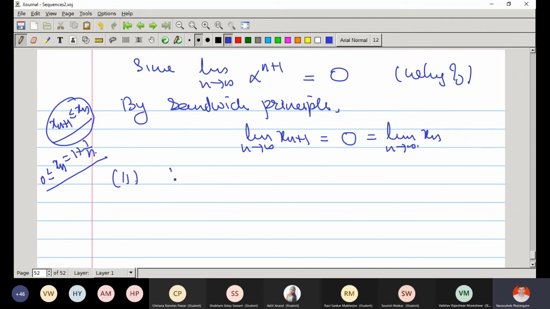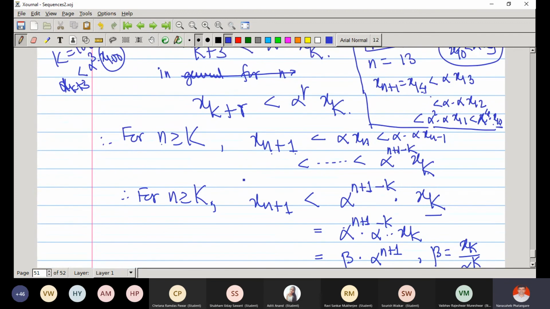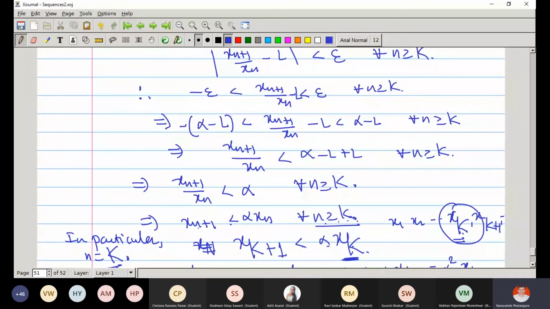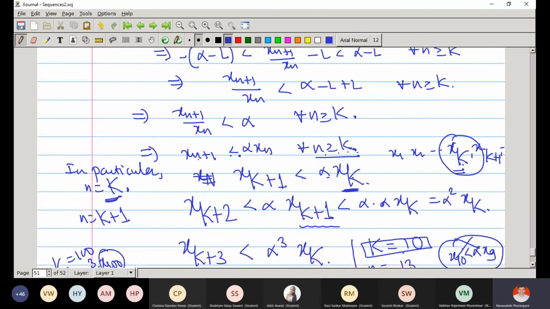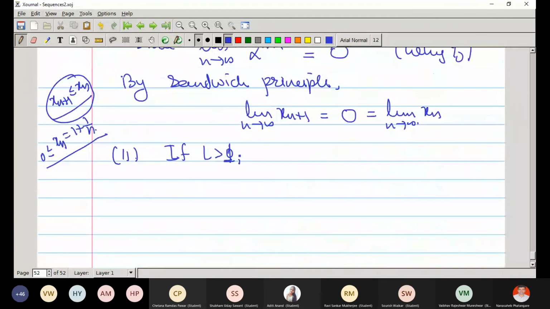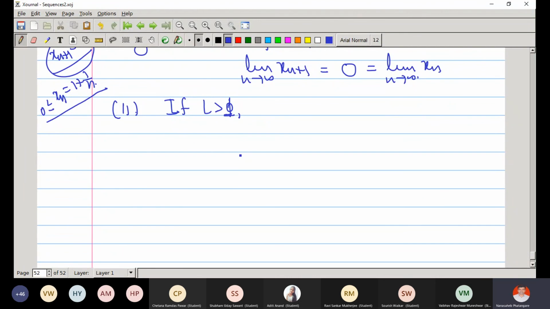So second part, if L is greater than 1, then from the above proof, what do you have? If the limit is greater than 1, then what happens?